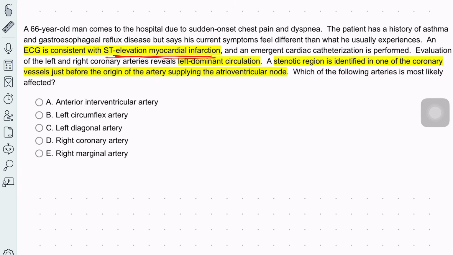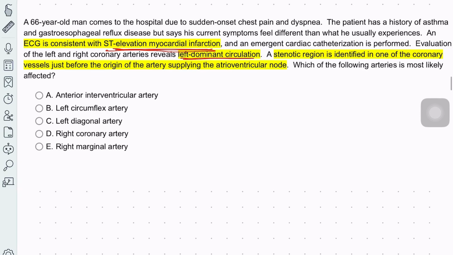Evaluation of the right and left coronary artery reveals left dominant circulation. A stenotic region is identified in one of the coronary vessels just before the origin of the artery supplying the AV node. Which of the following arteries is most likely affected? The options are anterior interventricular artery, left circumflex artery, left diagonal artery, right coronary artery, or right marginal artery.